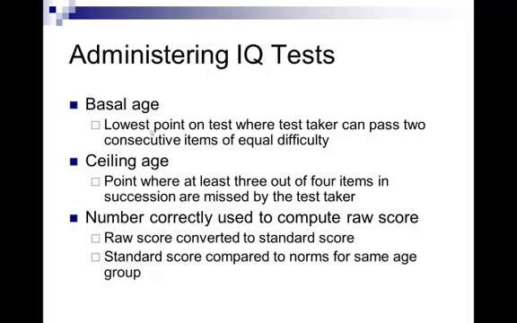Alright. There are some topics covered in the chapter dealing with how to administer an IQ test. I don't know if any of us would ever be involved in that, but to cover it, you have a basal age. It's the lowest point on the test where a test taker can pass 2 consecutive items of equal difficulty.